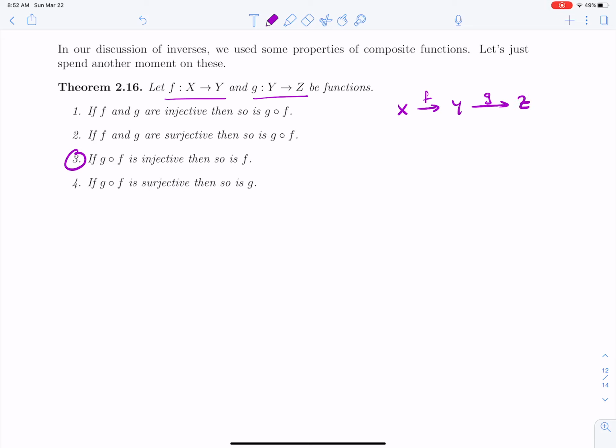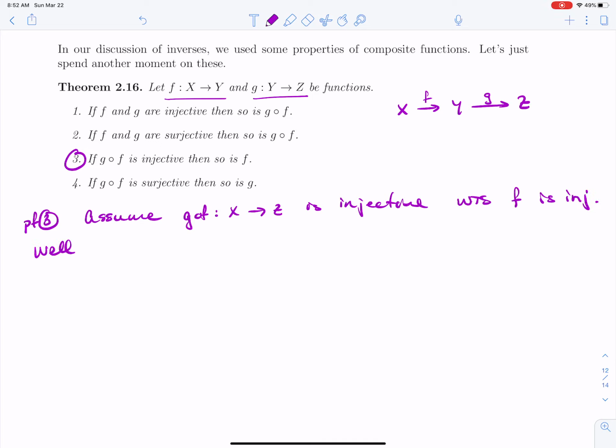What we're proving in 3 is: assume g following f, which goes from x to z, is injective, and we want to show f is injective.